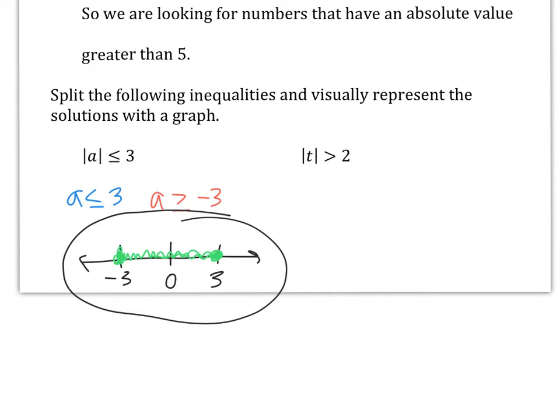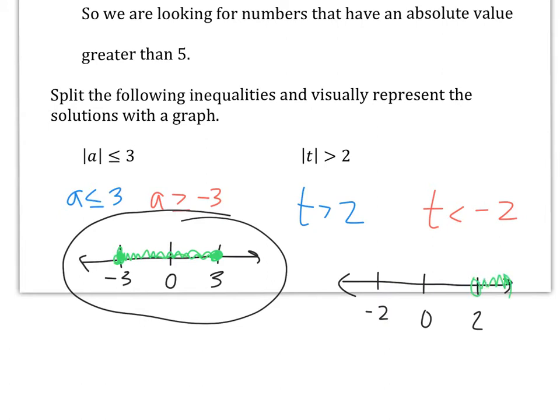The second example says the absolute value of t is greater than 2. So let's split this up into two cases. The first case is t is greater than 2, and the second case is t is less than negative 2. So when I graph this, I'll put 0 in the middle, negative 2, and 2 on my graph, and I want everything greater than 2, open circle shading to the right, and less than negative 2, so an open circle shading to the left.